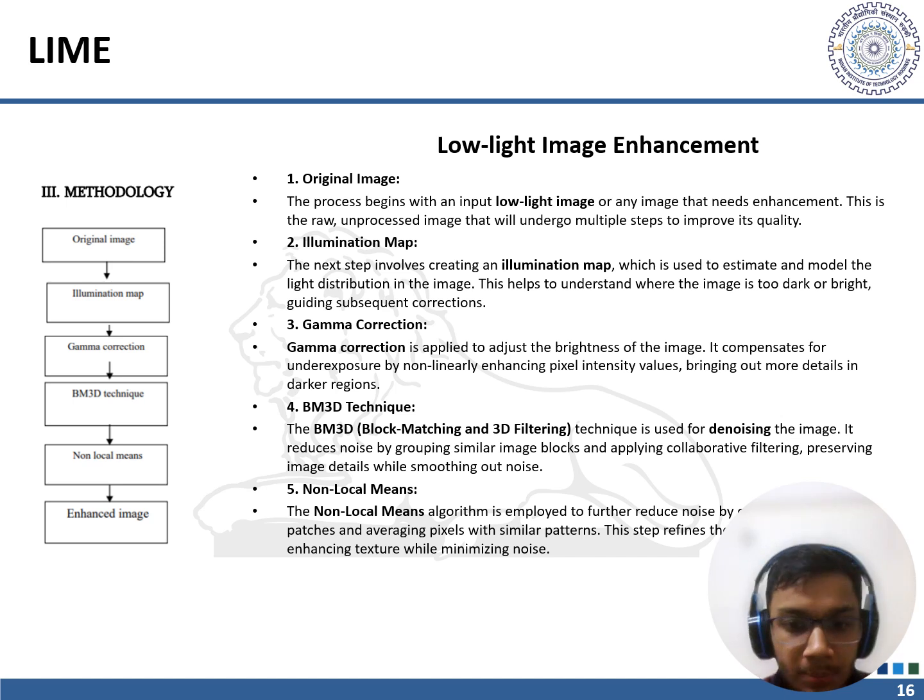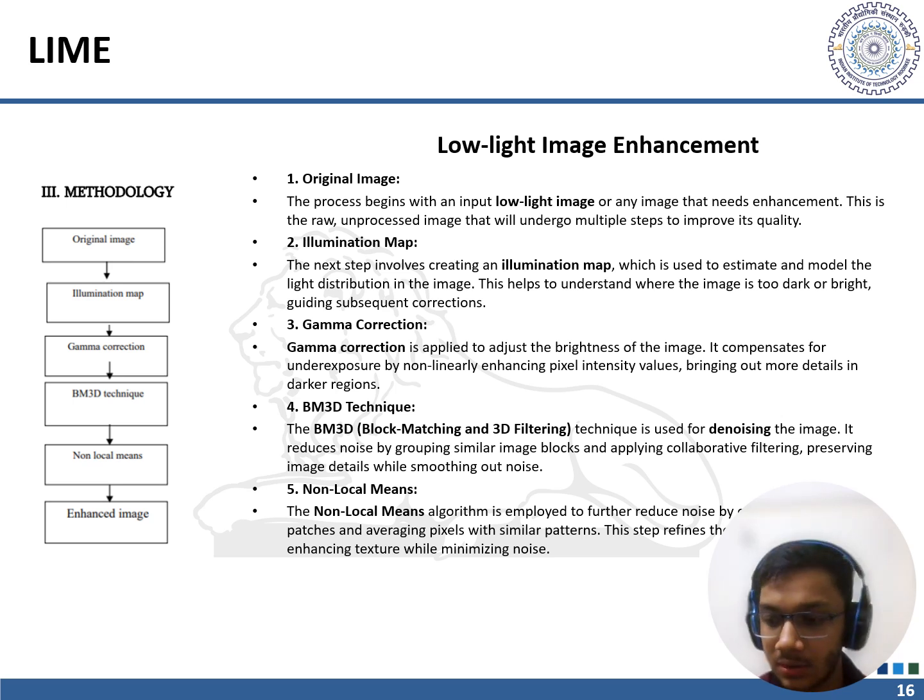Then we apply the same gamma correction as discussed before, and after that we apply the BM3D technique, which basically denoises the image. It is used to reduce the noise present in the image by applying collaborative filtering, preserving image details while smoothing out noise.